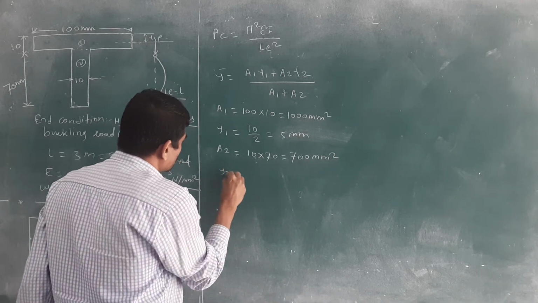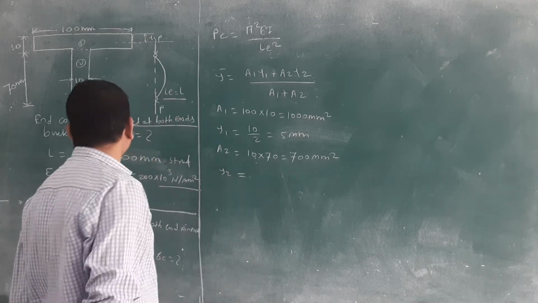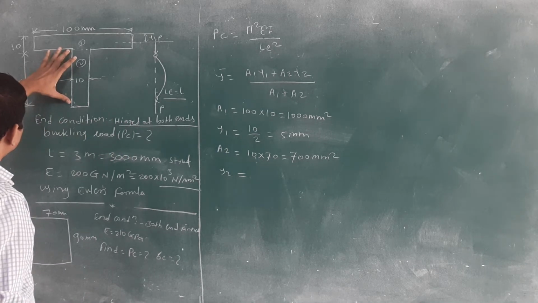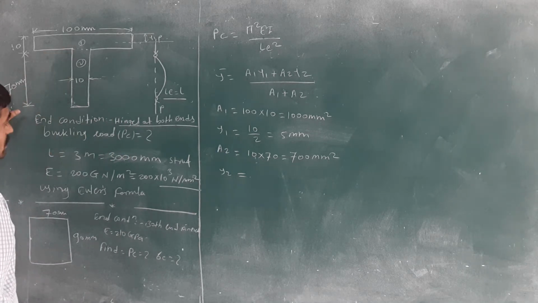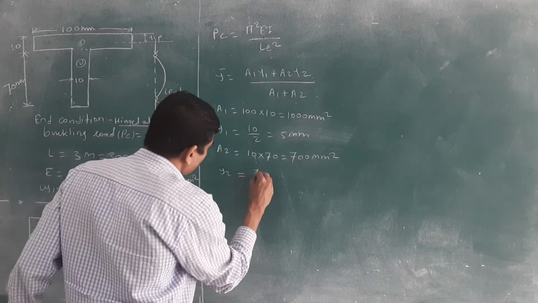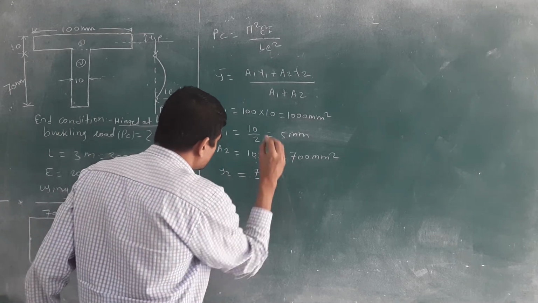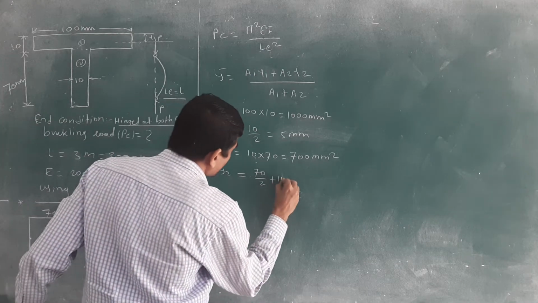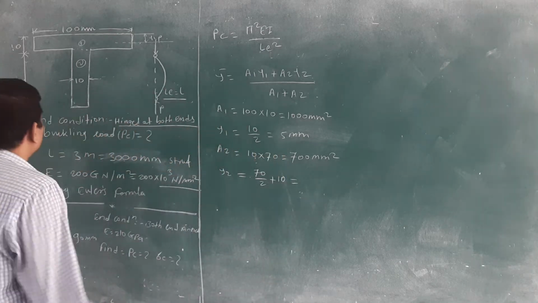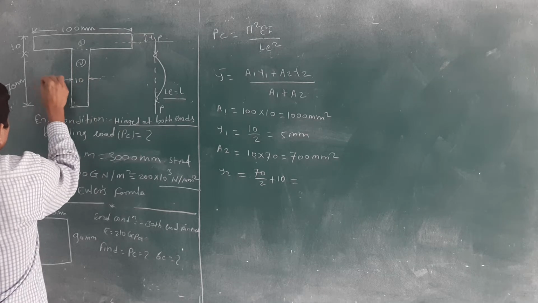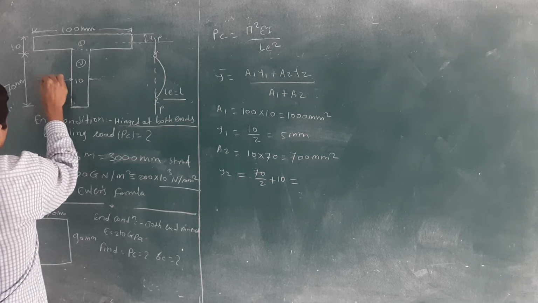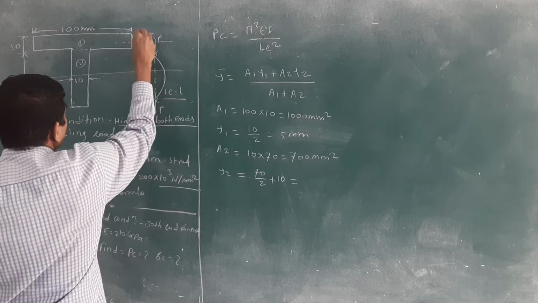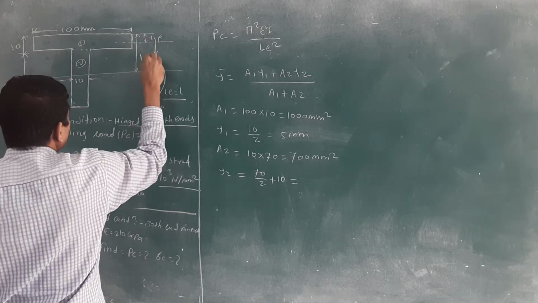Right? And what is the Y2? You have to take the centroid of this second component, 70 by 2 plus this 10. Why 10? Because from the topmost. Suppose here is the centroid of this second component, and you have to calculate this distance from the top.